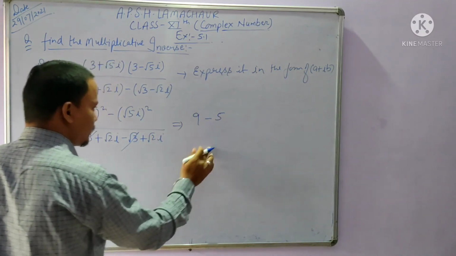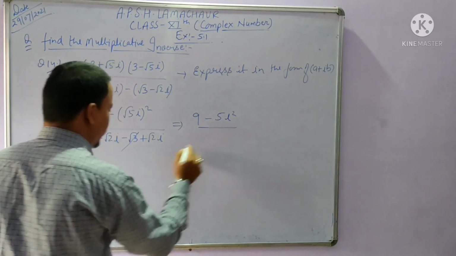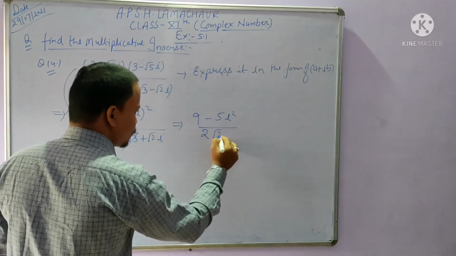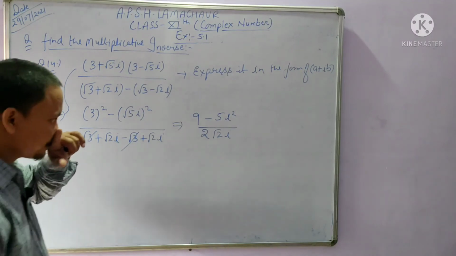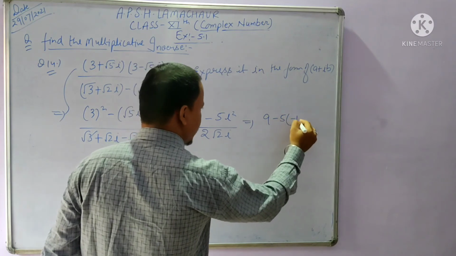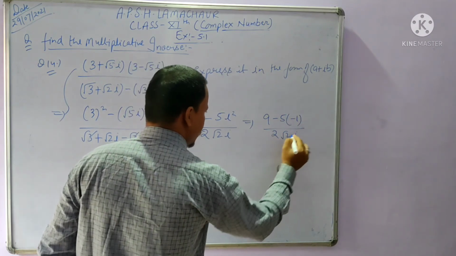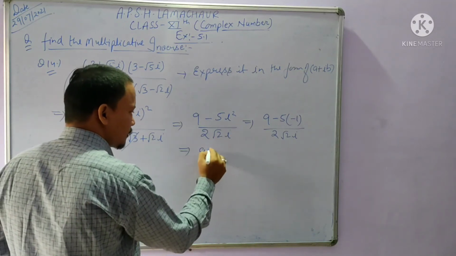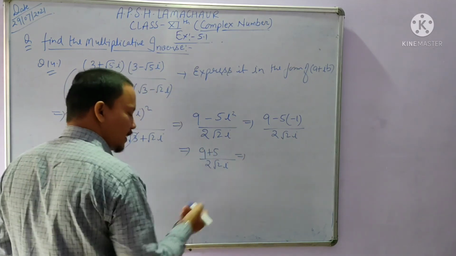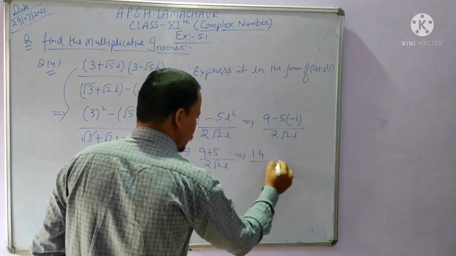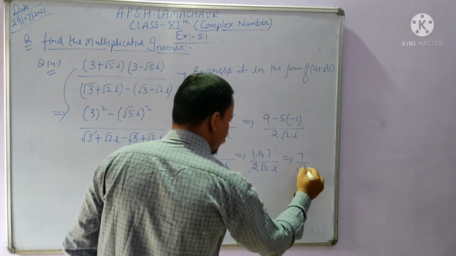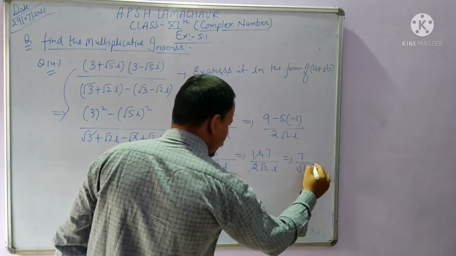So root 5 squared will be 5 times iota square, divided by, in the denominator, root 2i plus root 2i, this is 2 root 2 times i, both get added. As we know the value of iota square is minus 1, so 9 minus 5 times minus 1 upon 2 root 2 times iota. So 9 plus 5 upon 2 root 2 times iota. 9 plus 5 will be 14 upon 2 root 2 iota, 2 and 7 cancel out, so 7 upon root 2 times iota.